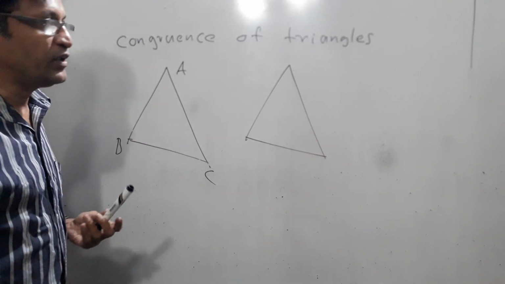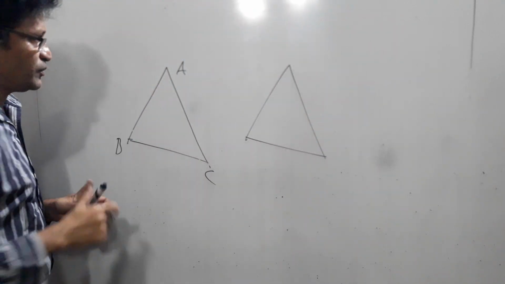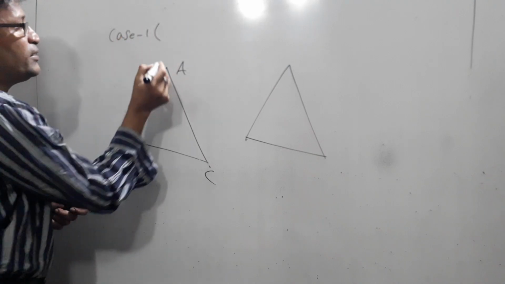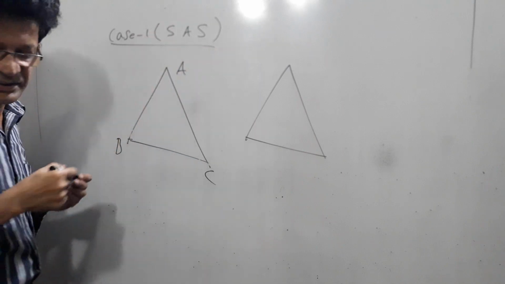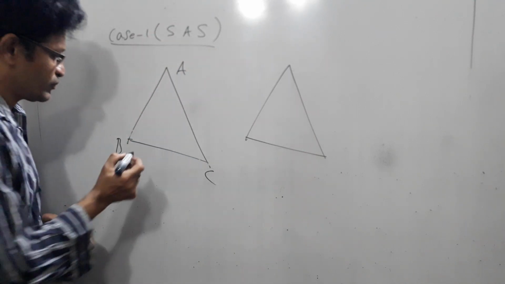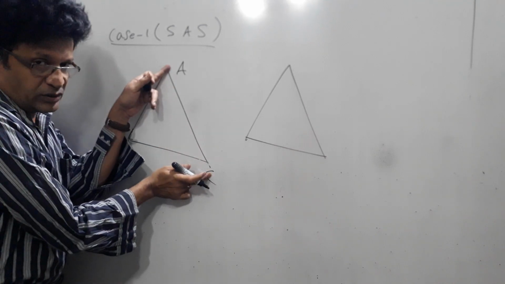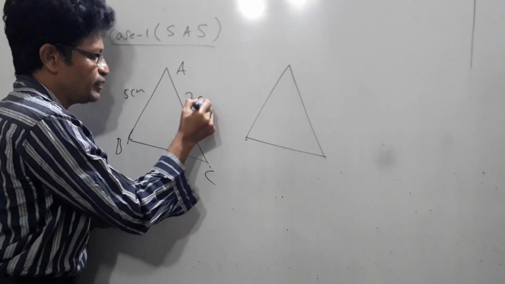So first we take case 1. Clear? First I write case 1. We write side angle side, SAS. You will understand what this SAS is later. Now if I take triangle ABC and consider AB and AC, two sides, say that AB equals 5 cm and AC equals 7 cm.